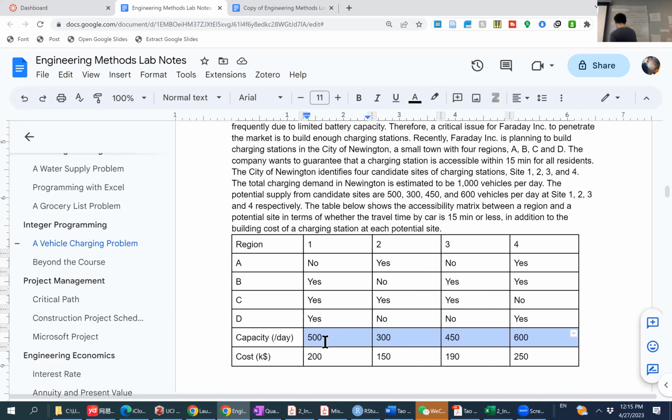So we can say that all decision variables are binary. It means x1 is equal to either 0 or 1. So effectively, I can say xj belongs to 0 and 1 as a set. So it equals either 0 or 1.